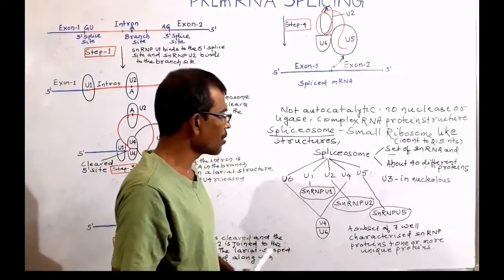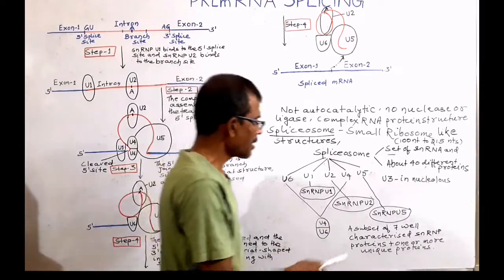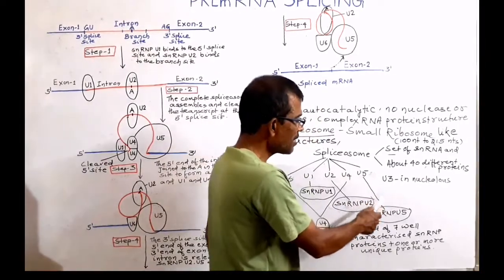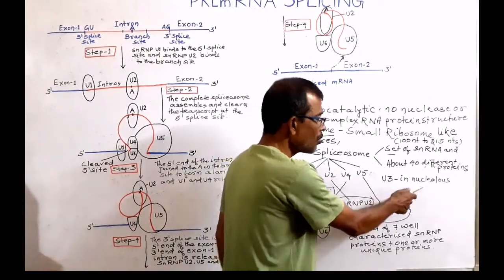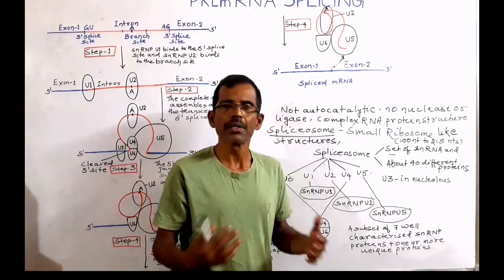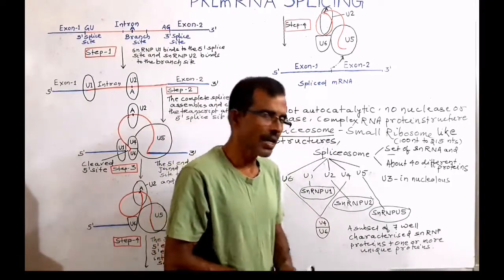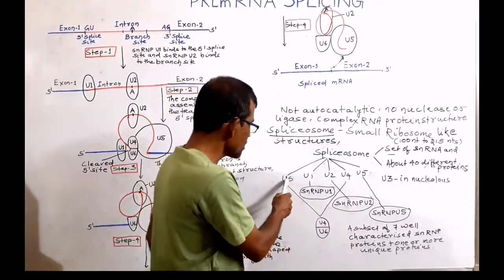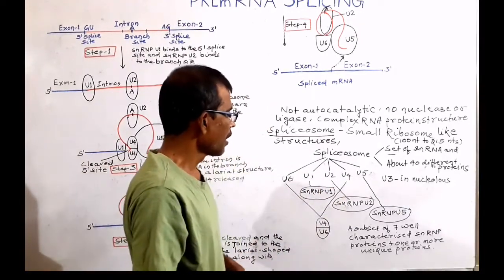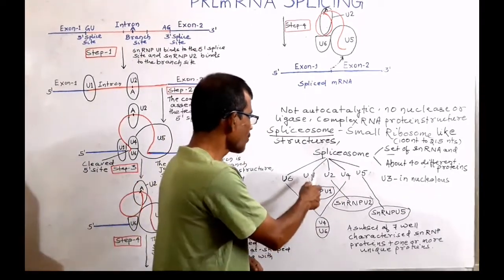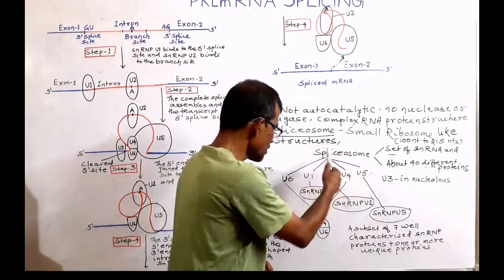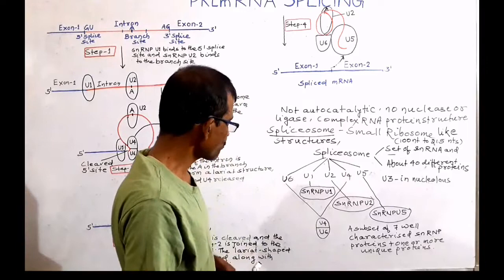Another small nuclear RNA, U3, is localized in the nucleolus, where it is probably involved in the formation of ribosomes. So these 5 small nuclear RNAs are the components of the complex RNA protein structure known as spliceosome.